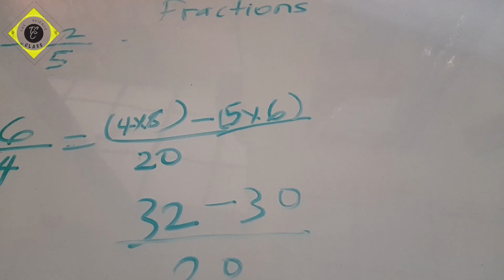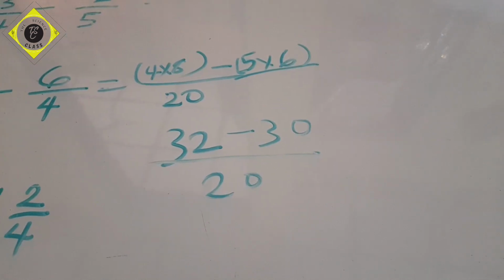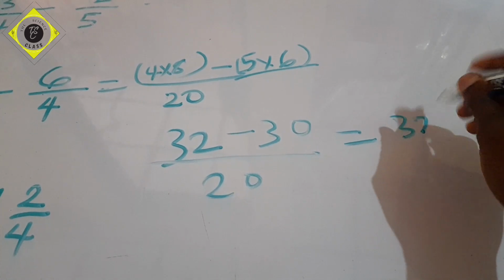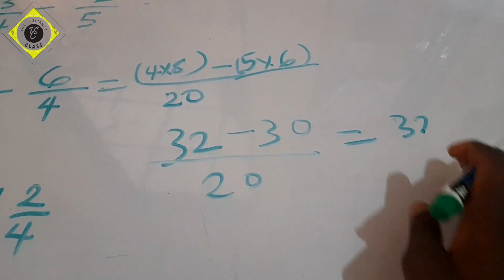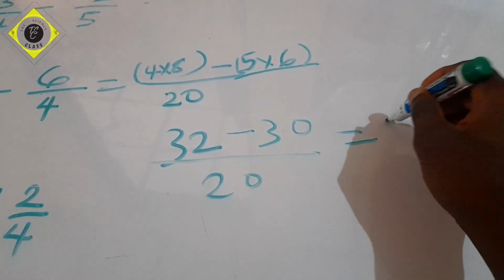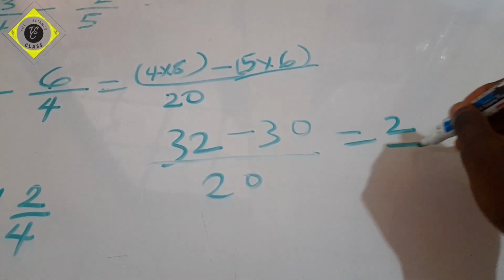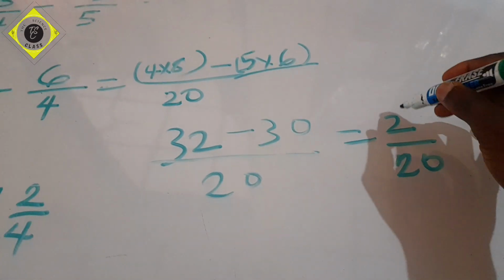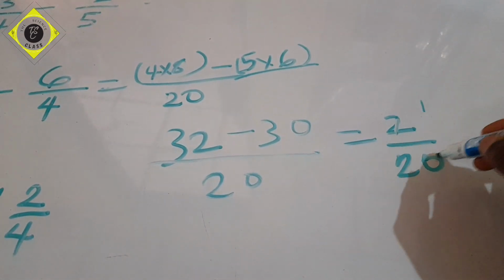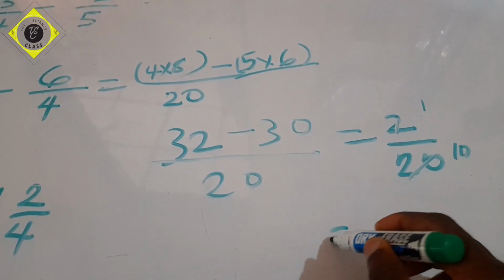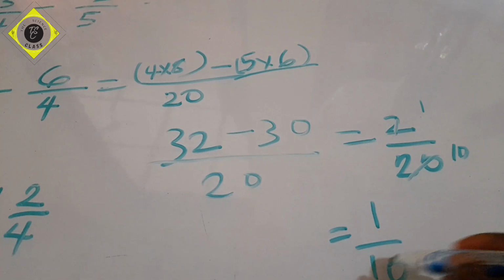So 32 minus 30 is going to give us 2 all over 20. And if you divide it, 2 can go into 2 once, 2 can go into 20 ten times. So our final answer is going to be 1 over 10.